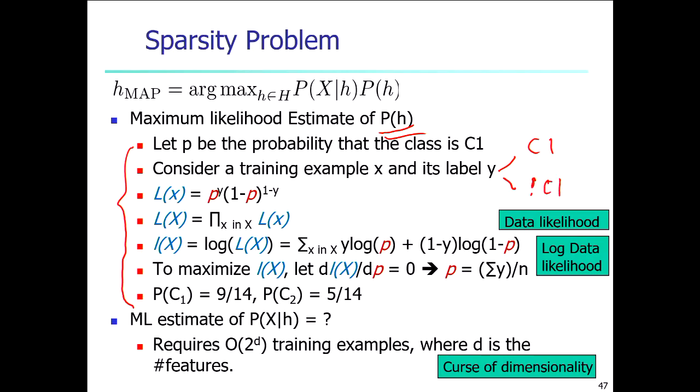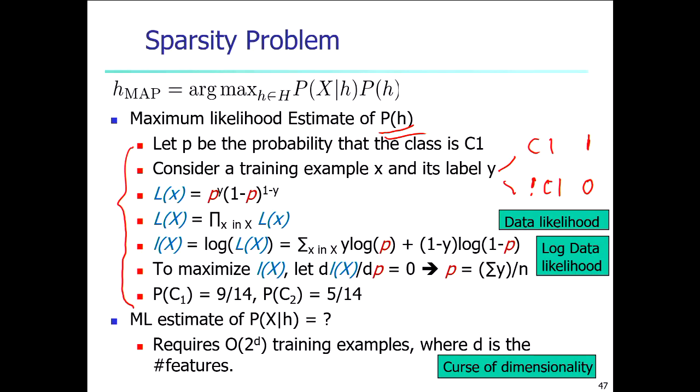Let's consider the binary case. So the likelihood of X is P to the power of Y times 1 minus P to the power of 1 minus Y. If Y equals C1, we assign the value 1, and if not C1, we assign Y to be 0.